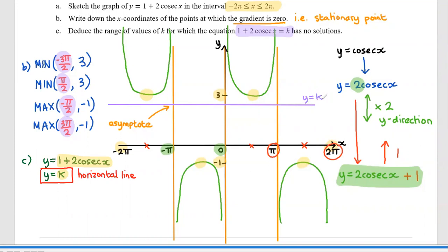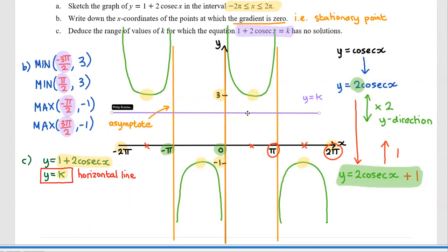Because I don't know what the value of k is at the moment, from where I've just placed it arbitrarily on the board, it's somewhere below 3, isn't it? Now, if I move it up slightly, yes, there we go, I can move it up to 3. So at the moment, that's y equals 3. If I put it here, I've got y equals 0, y equals -1, and so on.